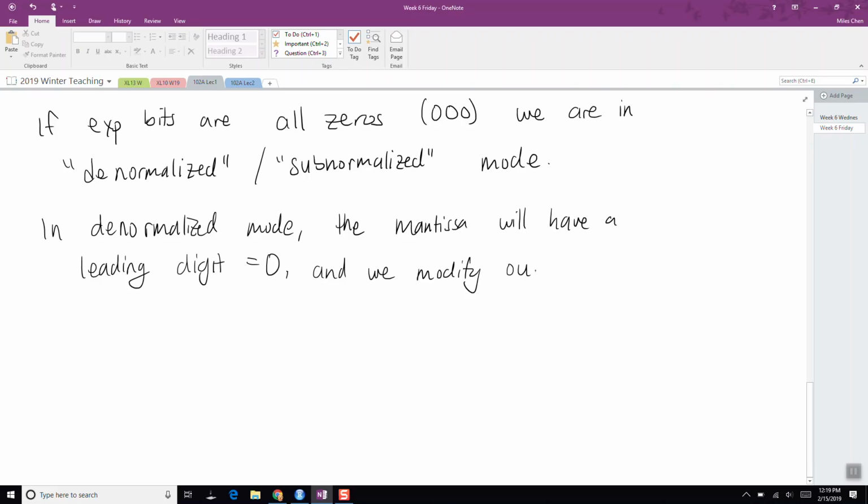And we modify our bias to be 1 less than usual. Okay, so normally we apply a bias of 3. Now we apply a bias of 2.